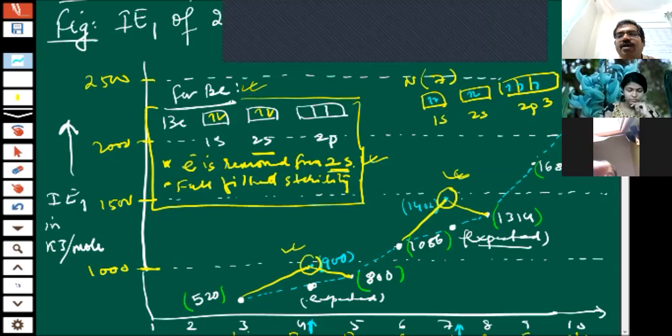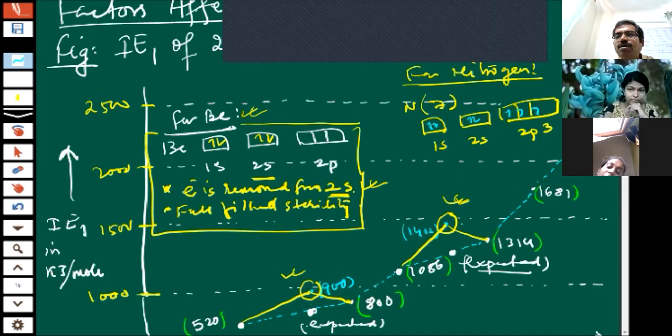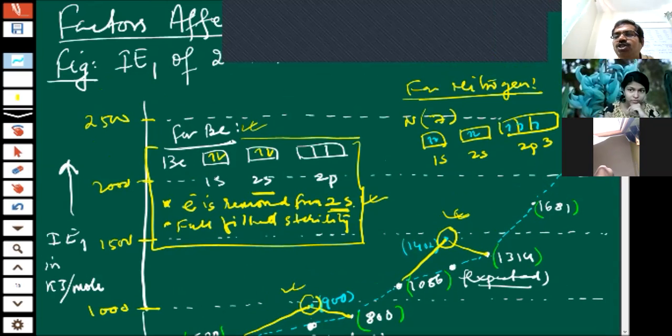So in case of nitrogen, children, the electron is removed from the half filled stable p suborbital.